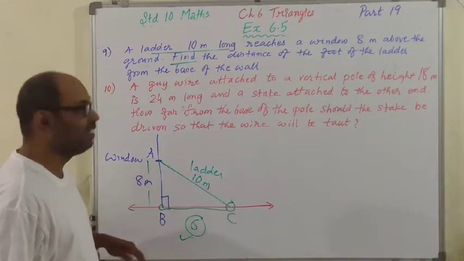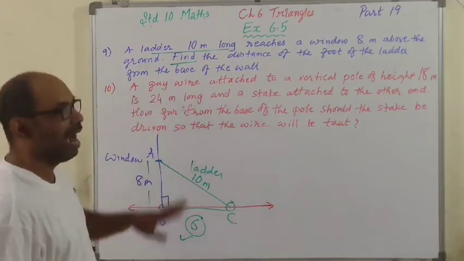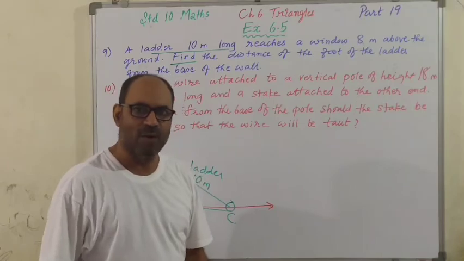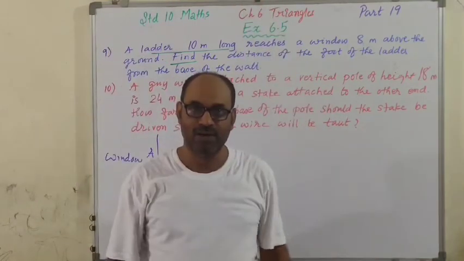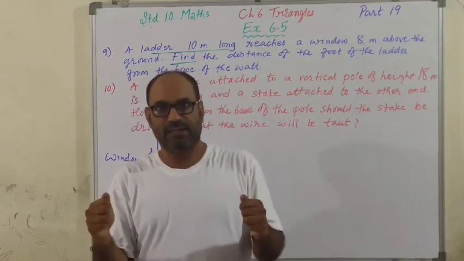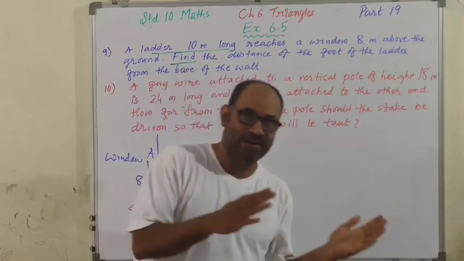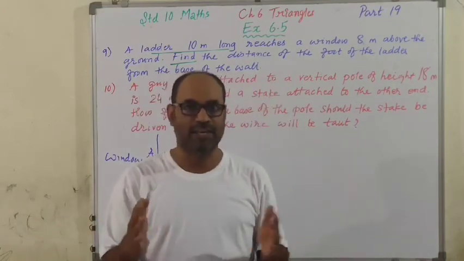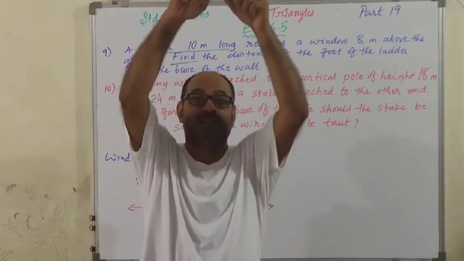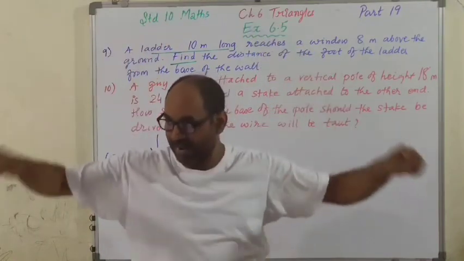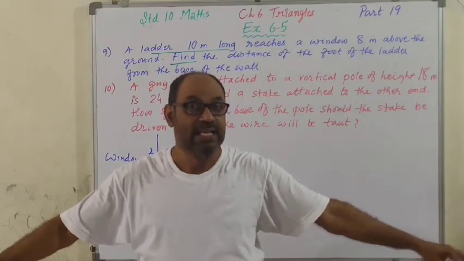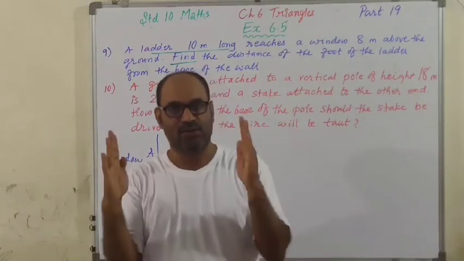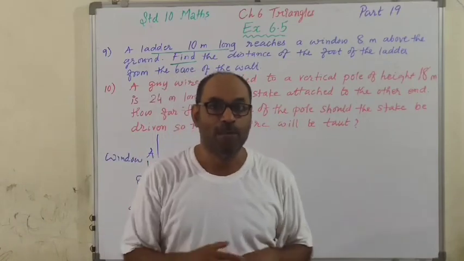Please solve this nicely. A guy wire. What is a guy wire? Have you seen electric poles on the road? It has to stand erect, but sometimes it can tilt on one side or the other. So there are some wires attached from the top and fixed with the ground. These are called guy wires, to give support to the pole.